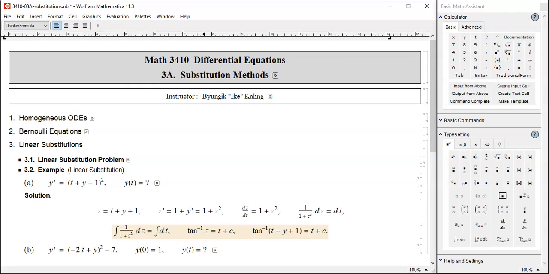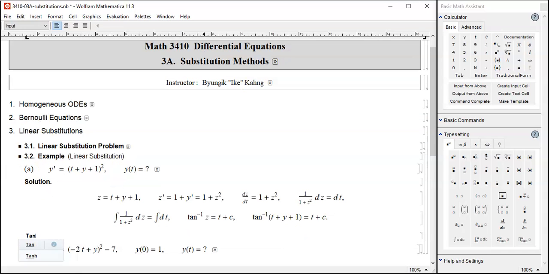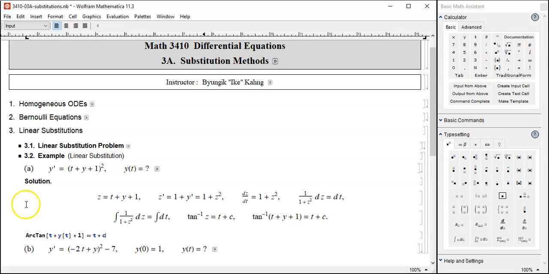And I don't think it is possible to solve it with respect to y explicitly. Shall we check? Okay, let's check. Arctangent of t plus y of t plus 1 equals t plus some constant c. That's the equation.